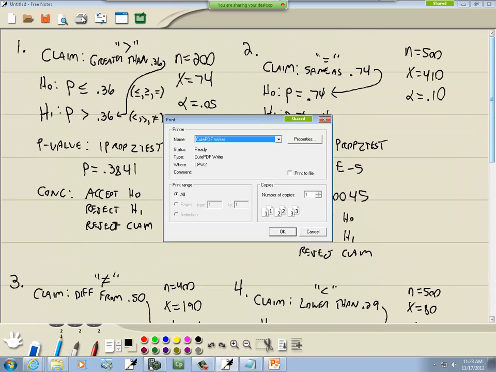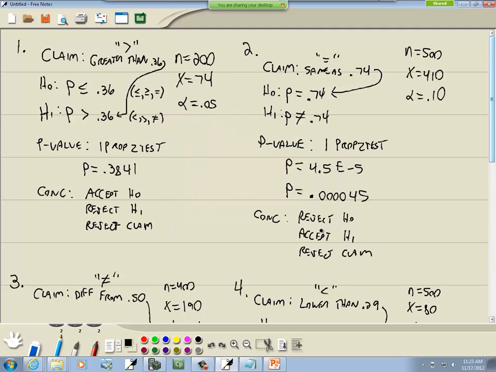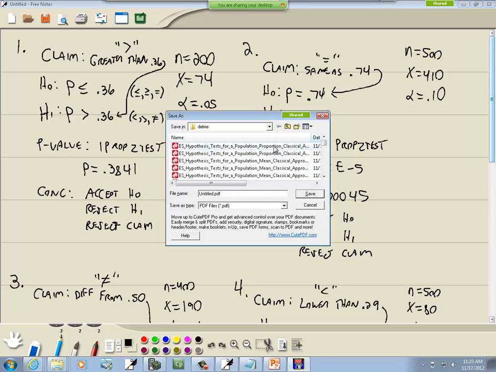Let me save this. Maybe. Okay. What in the world? Okay, I'll just choose that one. Okay, hypothesis test for population proportion.